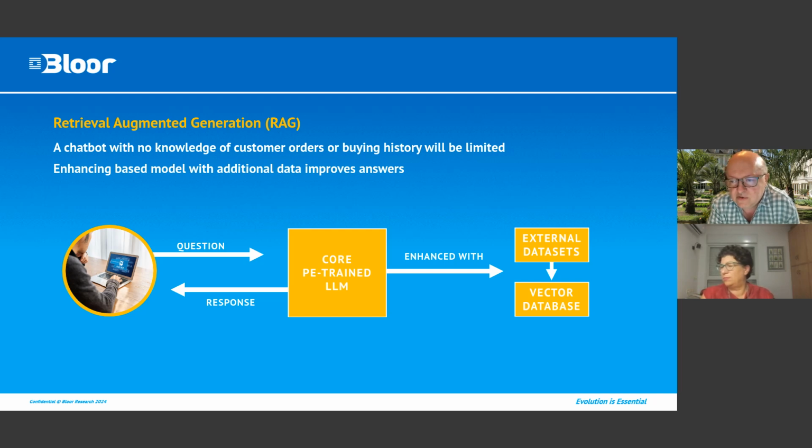If you're a chatbot, you might want to put in your documentation of your product. For example, if you were a consumer goods company and you were putting a help desk in, then you can train the AI on the specifics of the product documentation. So that's the basic idea of RAG, or retrieval augmented generation.